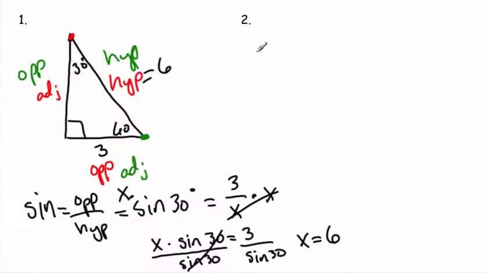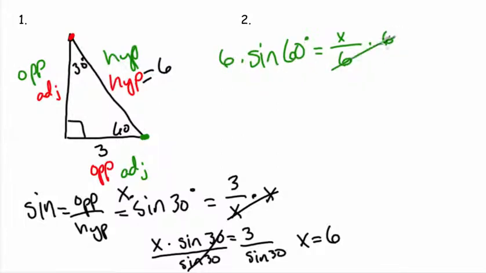So sine of 60 degrees equals opposite, which we don't know, over hypotenuse, which we now know is 6. Now I can multiply both sides by 6. That cancels. So x is going to be whatever 6 times sine of 60 is.